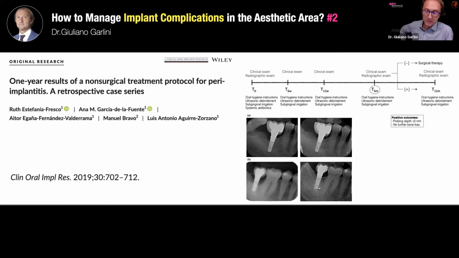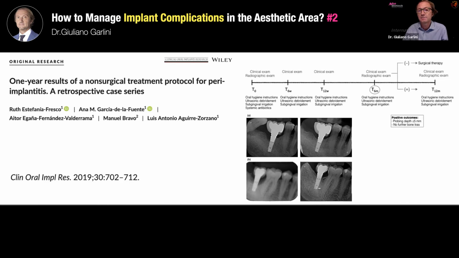So if you start with a non-surgical approach, you can refer to this interesting publication that was done 2 years ago by Stefania Fresco, where they analyzed the 1 year results of a non-surgical treatment protocol for peri-implantitis. They treated the patient with the same approach that we have for mucositis.